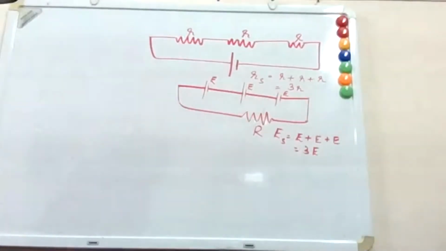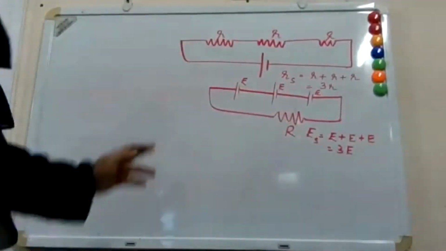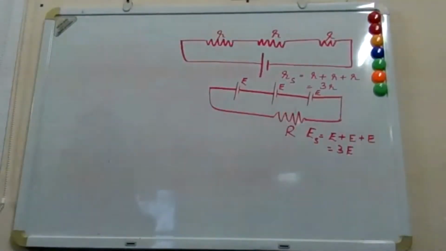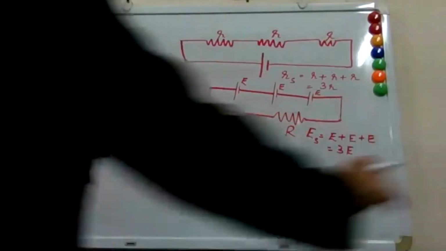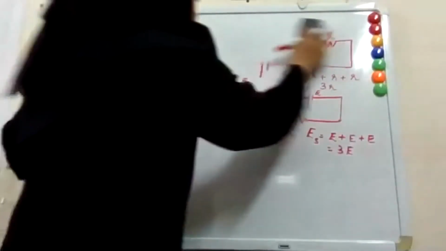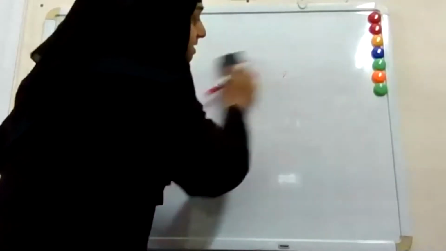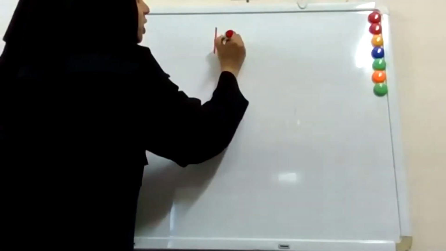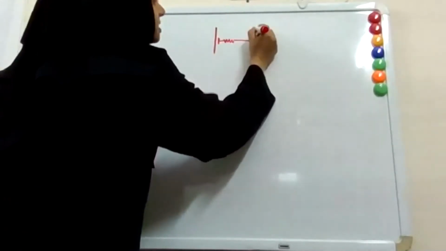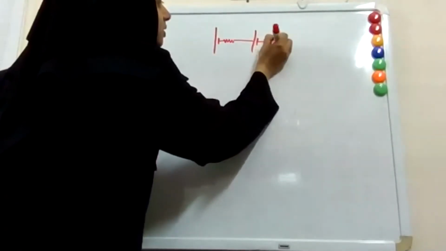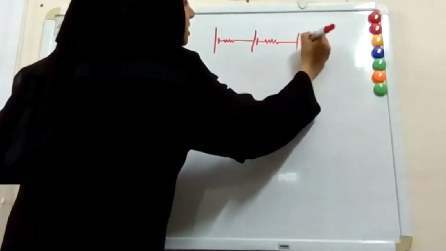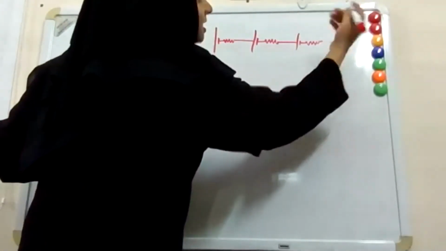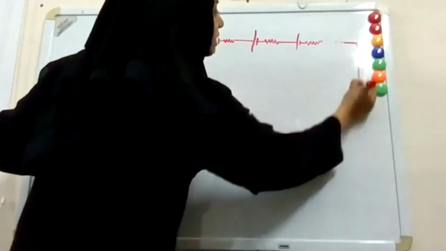Now, let us see what will be the current offered by that. So, let me rub this and show one circuit showing cells connected in series. I'll be showing here along with the cell its small internal resistance. I'm showing here only 3, but let us consider that it contains many, up to n cells.